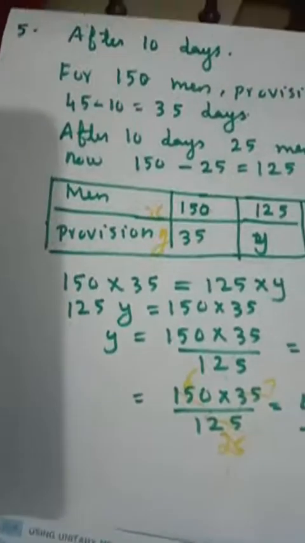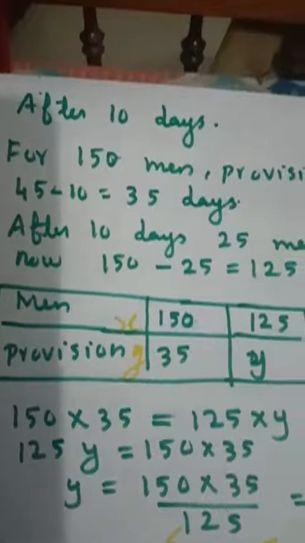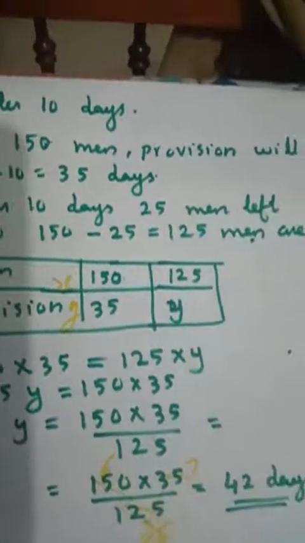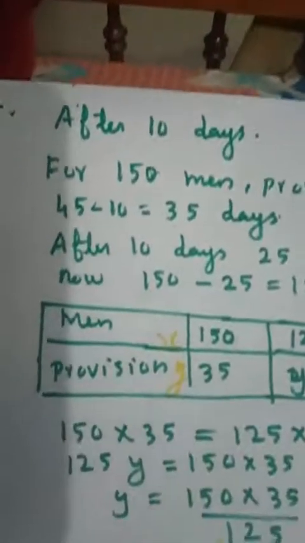Clear? Once again, after 10 days, here 150 men is there, and 45 days are there. If you are drawing this way, it is wrong. 150, 45, then 125. Why? This is wrong because after 10 days we want to calculate after 10 days.